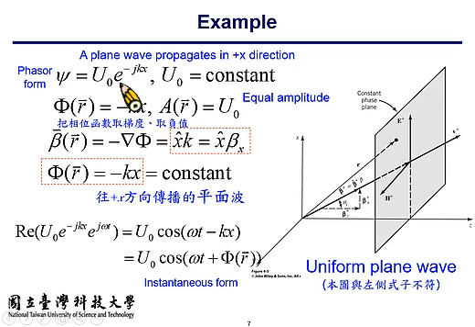So if you multiply the uniform plane wave representation with exponential j omega t, we put back the time dependence and taking the real part, you end up with the instantaneous form of the uniform plane wave propagating along the positive x direction. All right, so you have u sub 0 cosine omega t plus phi, phi of r, actually phi of x, right?